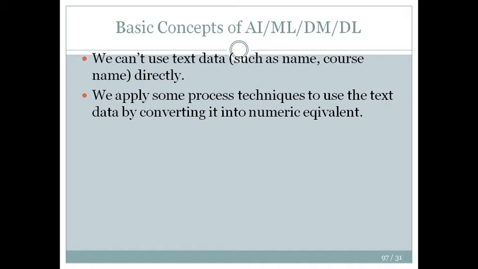The system and the algorithm is not going to understand what is the weightage of name, what is the weightage of course, what is the weightage of marks, right? So you need to associate those textual names with some type of weights, with some type of numbers, so that your algorithm is able to understand what is the value on a scale of 0 to 5, what is the significance of name and what is the significance of roll number or course number or marks.